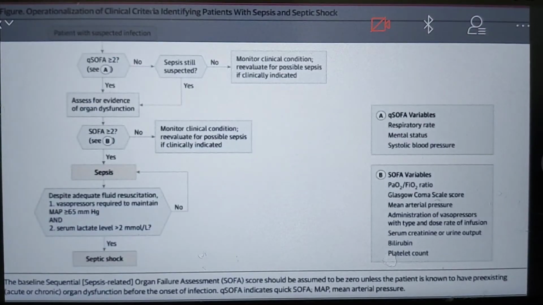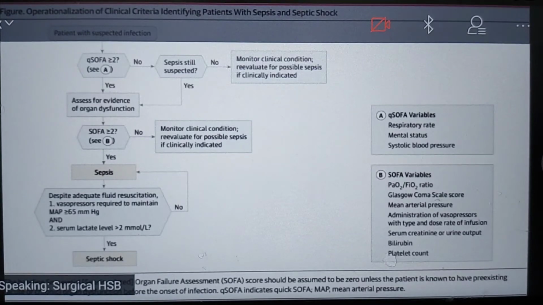So this is the table for management, or how we identify sepsis and septic shock using the Q-SOFA and SOFA score. First, when we suspect a patient having infection, we need to do Q-SOFA score at the bedside. If Q-SOFA is 2 points or more, we need to assess for evidence of organ dysfunction.